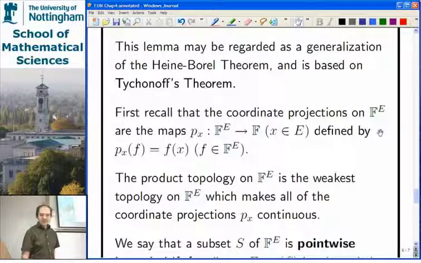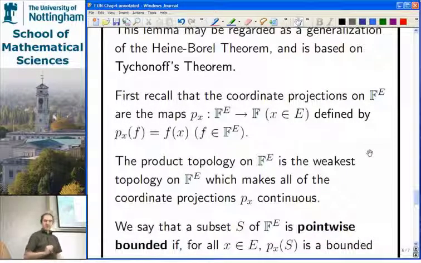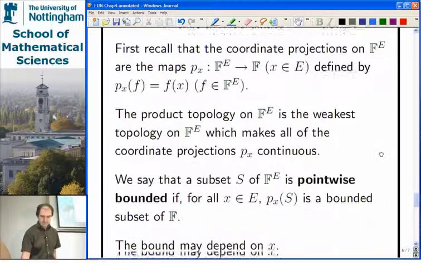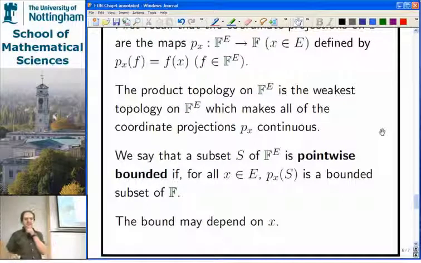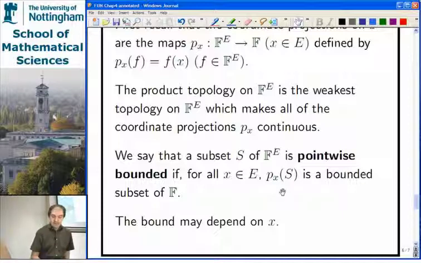So here we are with the coordinate projections that I've mentioned already. If you've got your product space, F to the E, then for each x in E, you've got a coordinate projection. Px of f is the value of the function f at x. And the product topology is the weakest topology making all of those continuous. Let's say that our set is pointwise bounded if each of these sets, Px of the image under a coordinate projection, is bounded.